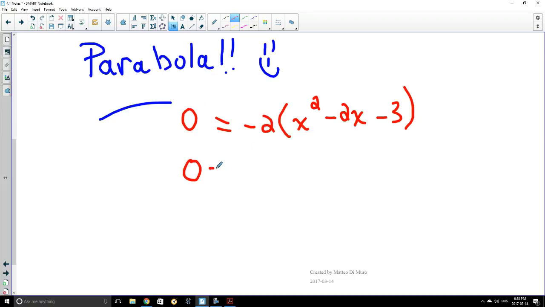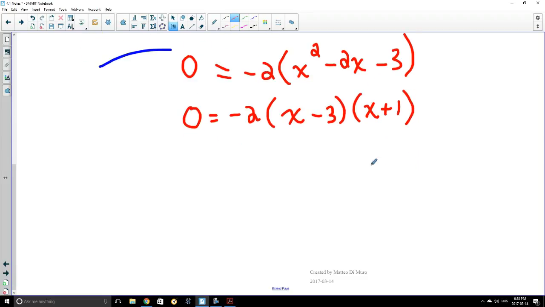Okay, so when I factor this, two numbers that multiply to -3 but add up to -2 are going to be -3 and +1. Okay, so we can find our x-intercepts easily enough. So setting y equal to 0, we're going to get x equal 3, and we're going to get -1.